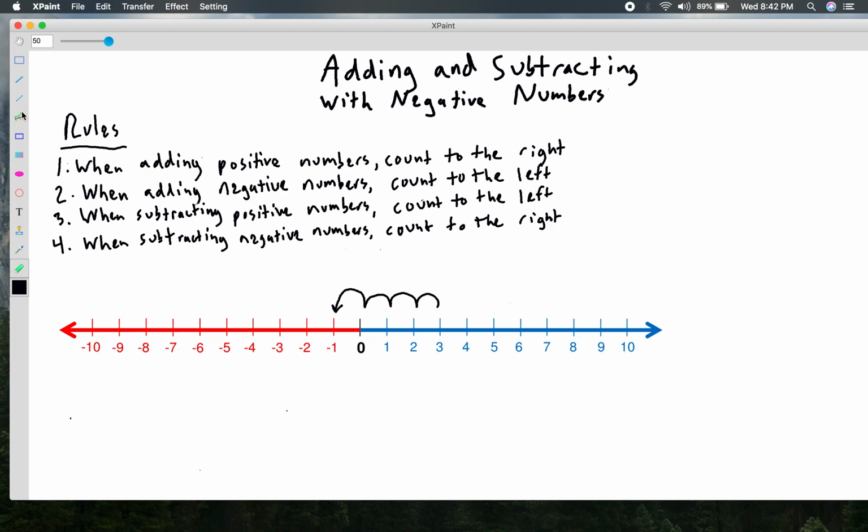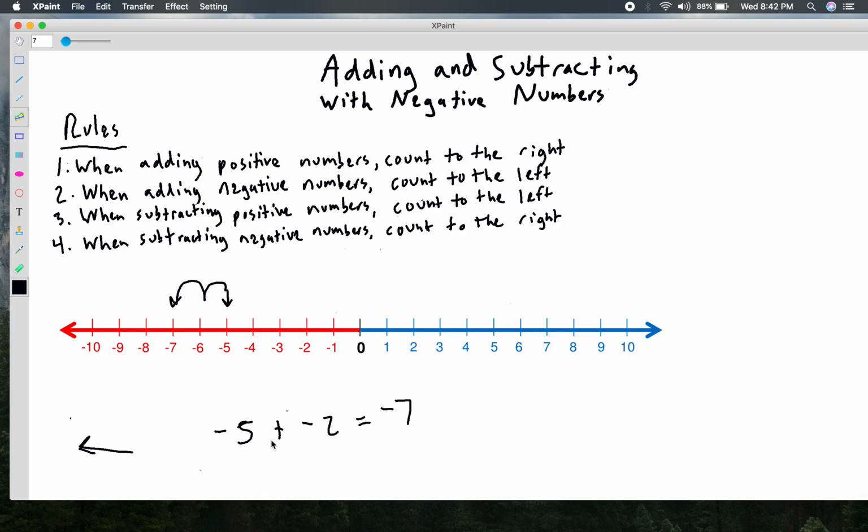Let's do -5 plus -2. Well, let me erase this real quick. -5 plus -2. Well, here we're at -5. When adding negative numbers, count to the left. That means I've got to go this way if I'm adding a negative. So go 1, 2. There you have it, -7.